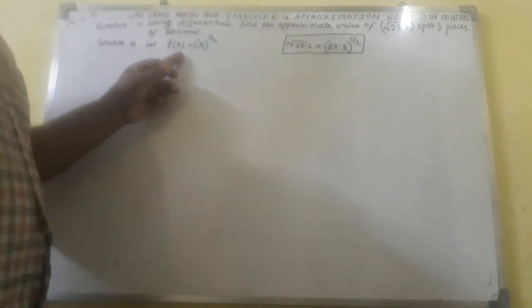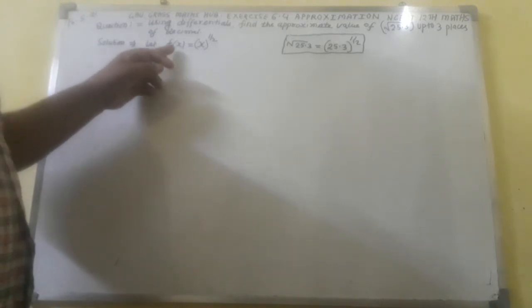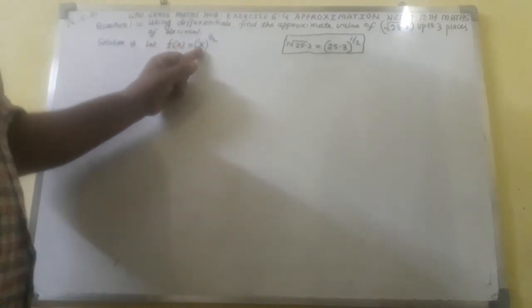So here f of x is fixed, will always remain the same in all solutions of this type of question. Here x is also fixed in all cases of this type of question.